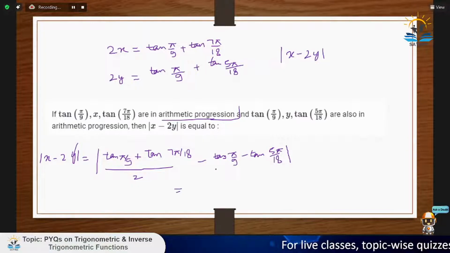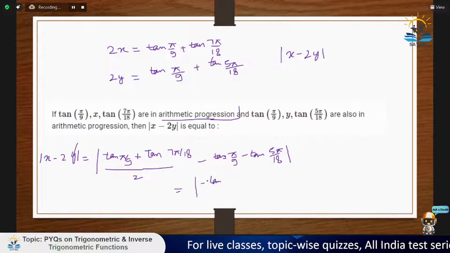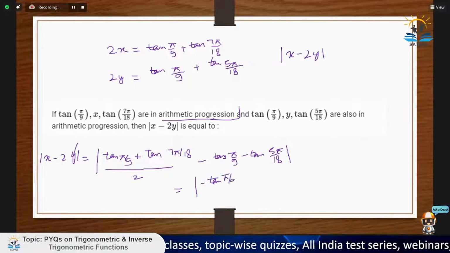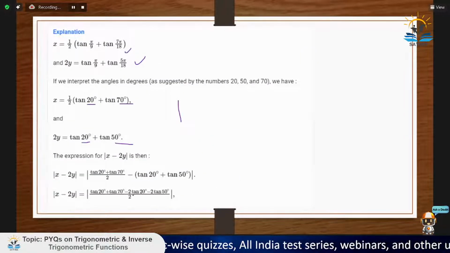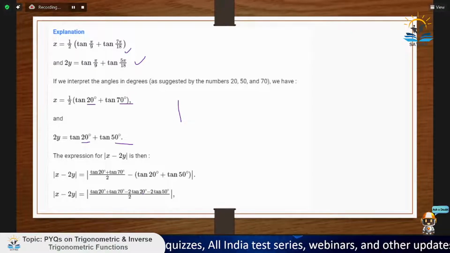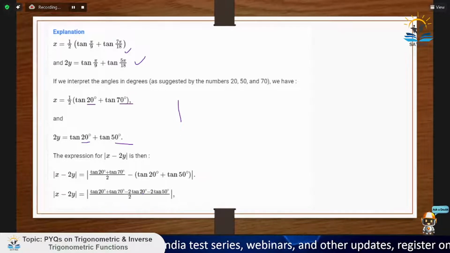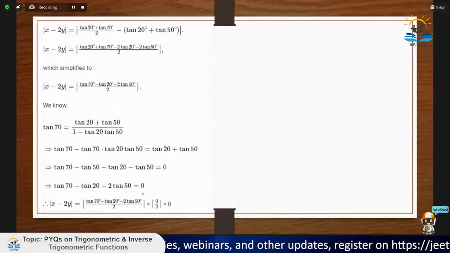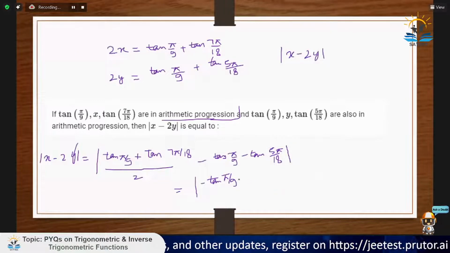Tan pi by 9 minus 2 times tan pi by 9 would be minus of tan pi by 9. Actually they have done this thing in the square, but no worries.